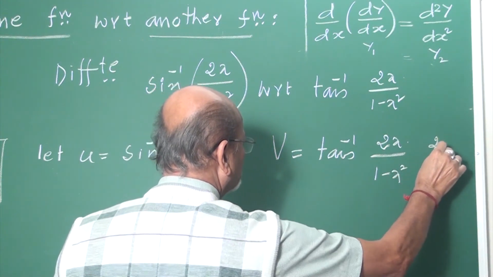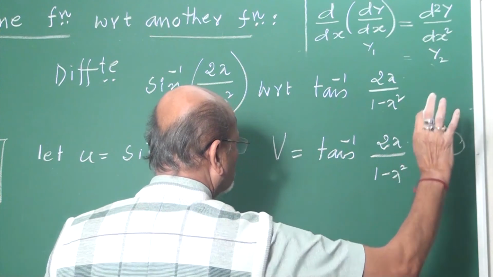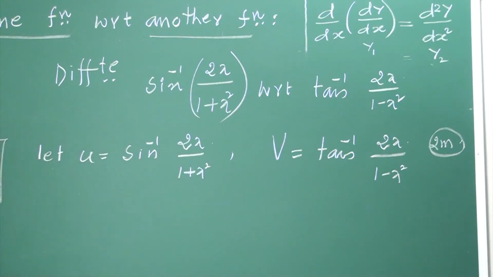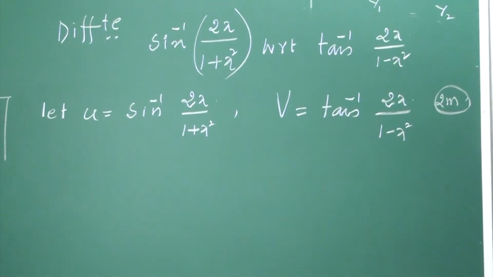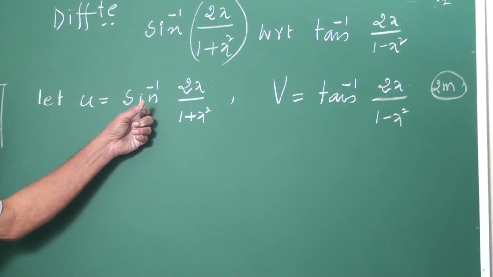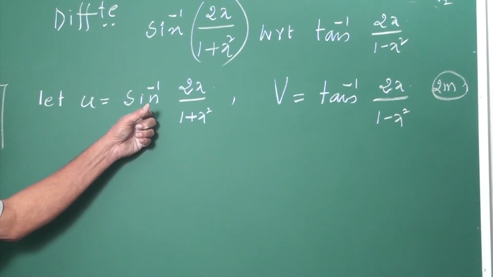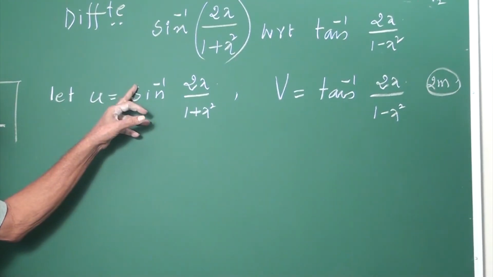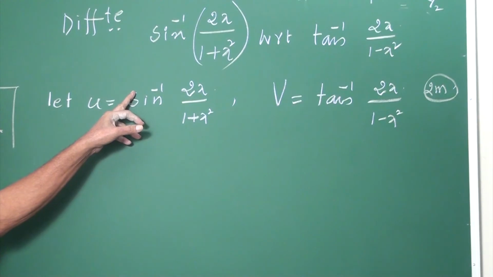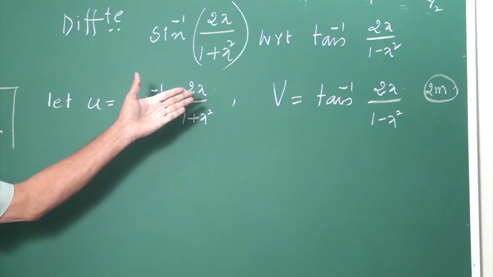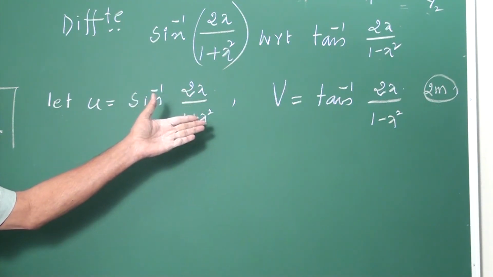Again, my friends, this example they give either 2 or 3 marks, not more. When it is given under a 2-mark question, you can make use of what we have proved directly, their values in case of inverse trigonometric functions: 2 tan inverse x equals sine inverse 2x upon 1 plus x square, cos inverse of 1 minus x square upon 1 plus x square, tan inverse of 2x upon 1 minus x square.